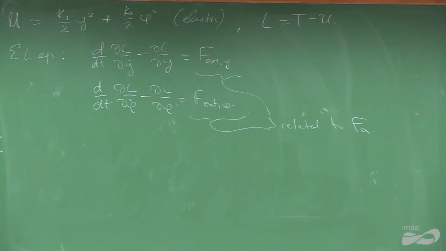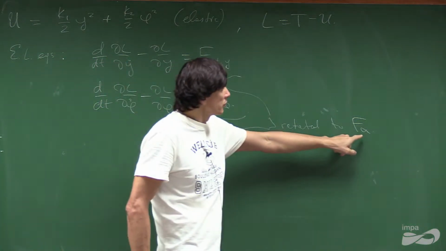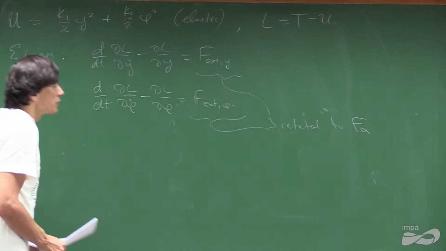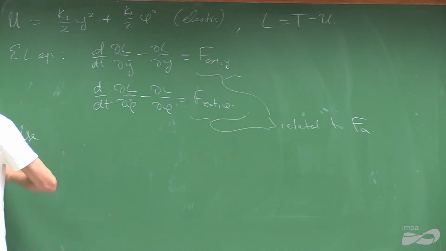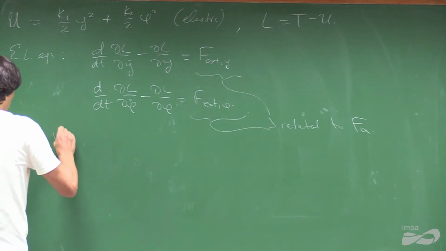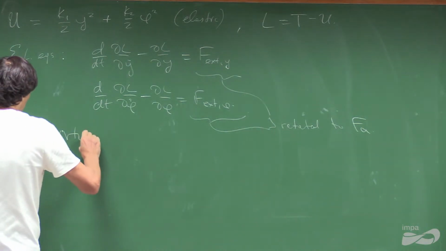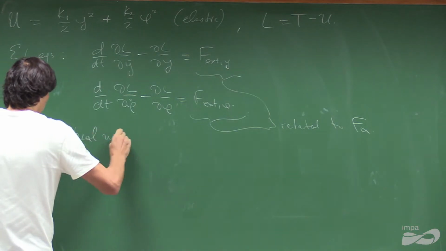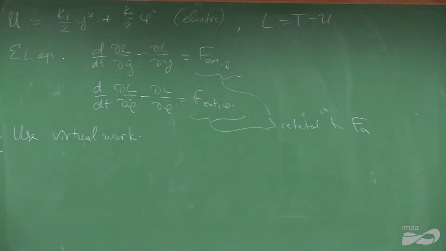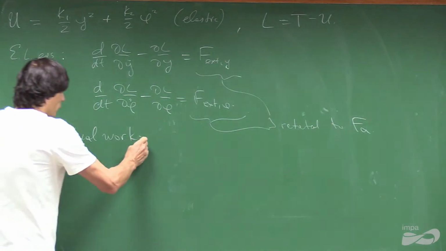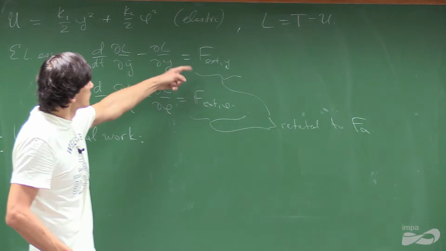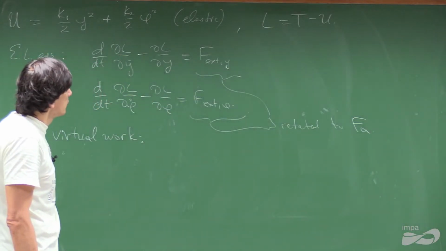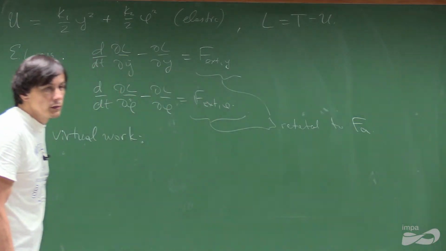So now remember how we find these external forces in terms of the force that we know. We use the virtual work. Remember the principle that we found in the first part of the course: whatever coordinates you write your system in, the virtual work of the force will be the same.